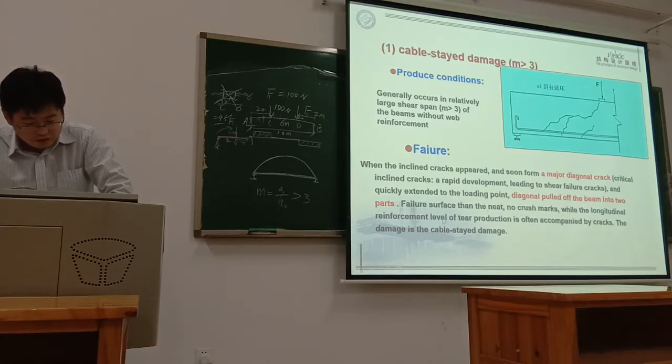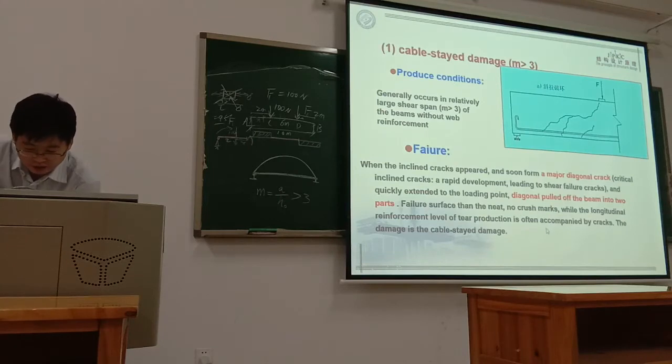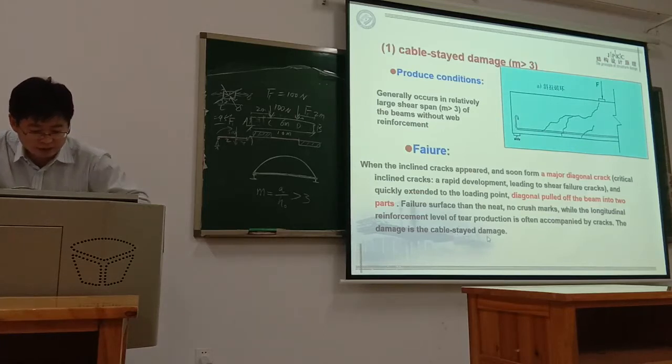While the longitudinal reinforcement is yielding, the tearing is often accompanied by a crack. This is the diagonal tension failure.